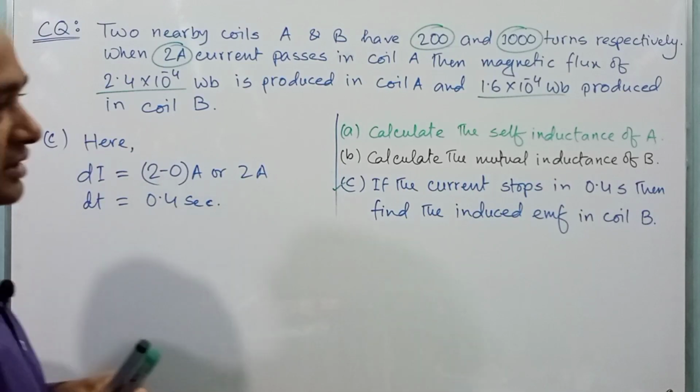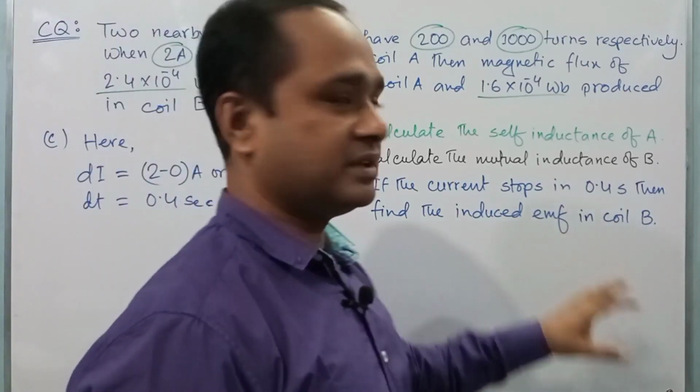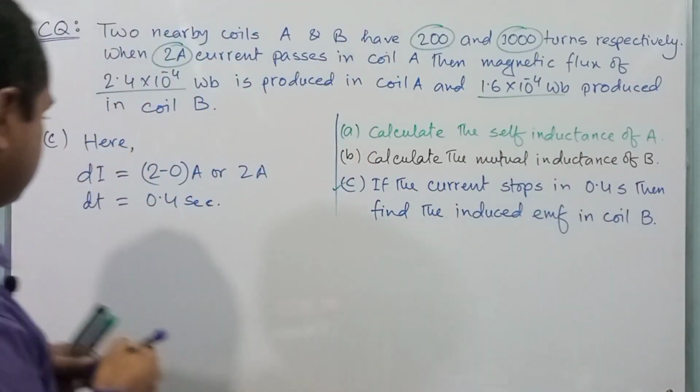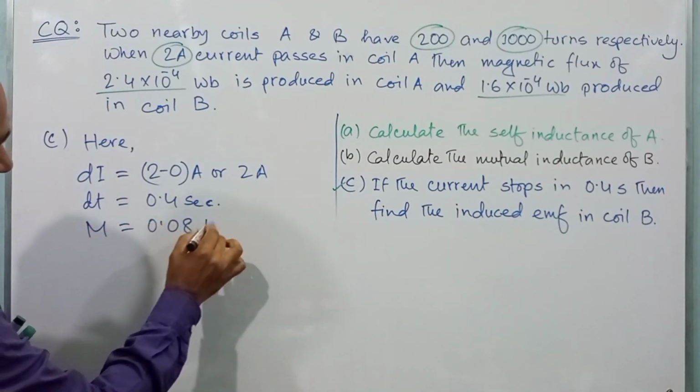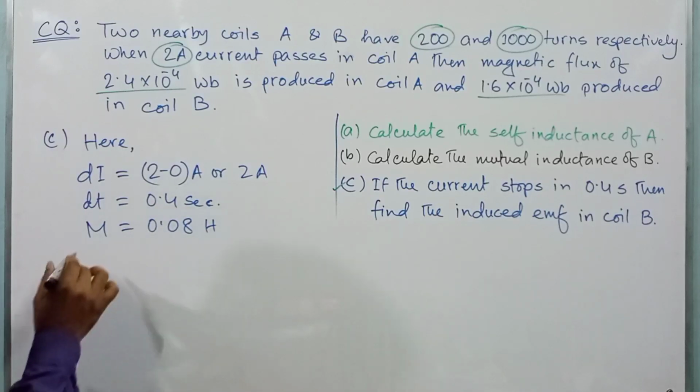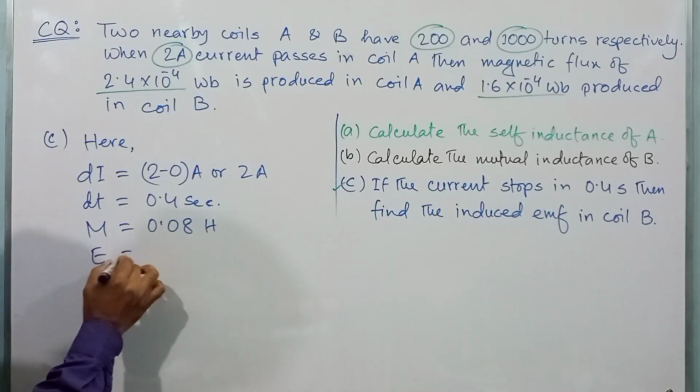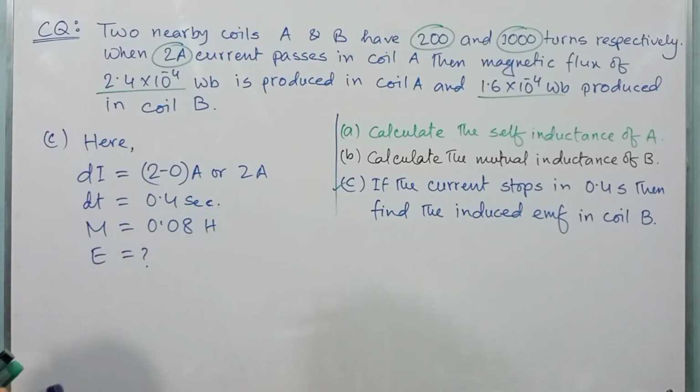From our previous calculation we have found that the mutual inductance M is equal to 0.08 Henry. So we have to calculate the electromotive force induced in the secondary coil.